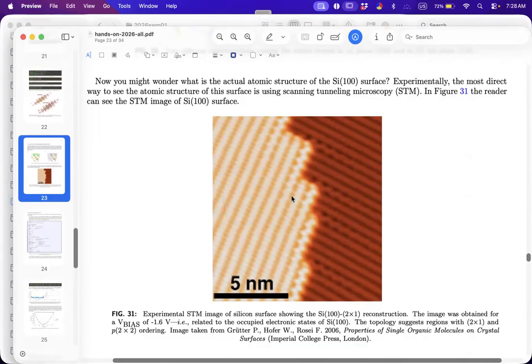But if I come here, you see, to keep the same current, I have to go down, right? So what is plotted here is the position of the tip with respect to the surface. The closer the tip is to the surface, the brighter it is; the darker it is, the lower it is. So this image is giving information not only in X and Y position, but also in Z.